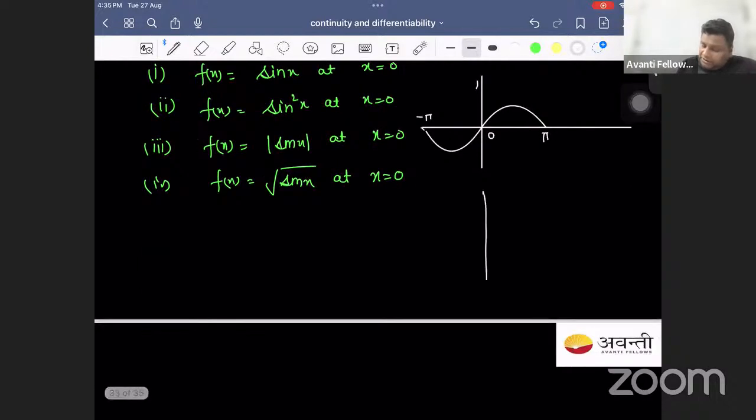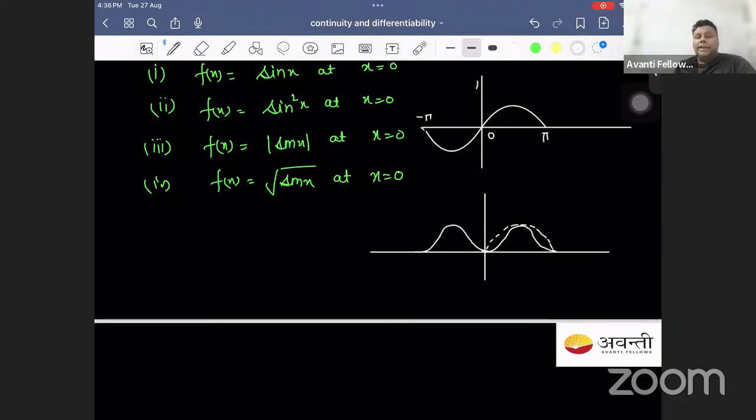Now, if I draw the graph of sin²x, this was the graph of sin x. Squaring it means the values which lie between 0 and 1 will decrease, so the graph will be something like this. There is a smooth edge at x = 0, so both of them are differentiable at x = 0.